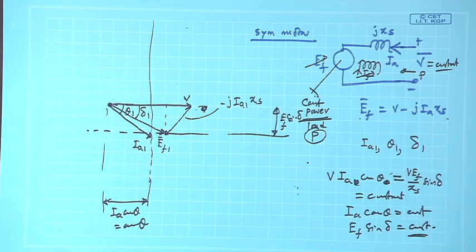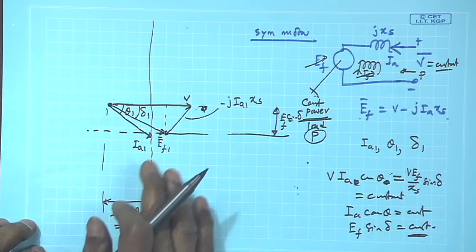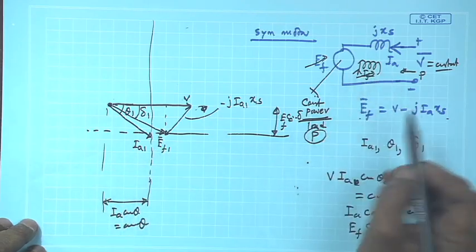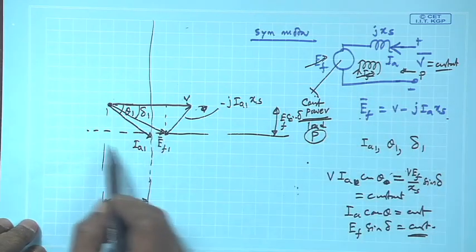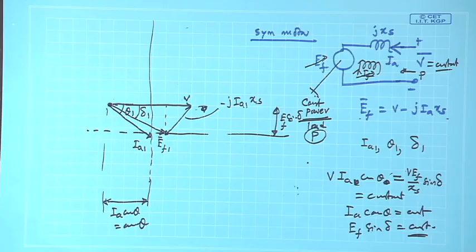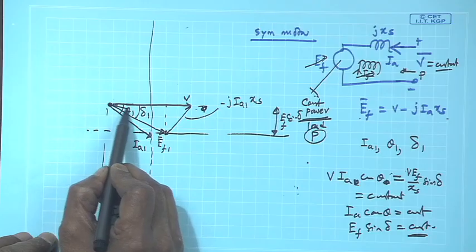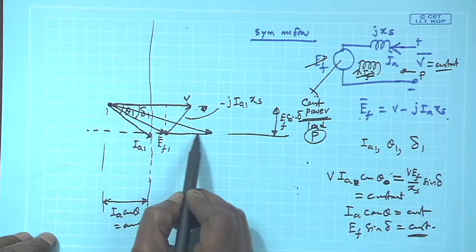Now, suppose I increase the field current of the machine. If I increase the field current, E f is bound to change, since E f is 4.44 f phi f k w n phase. Therefore, the direct effect will be on E f; E f will become more. So, maybe E f will become this much, the new E f 2.